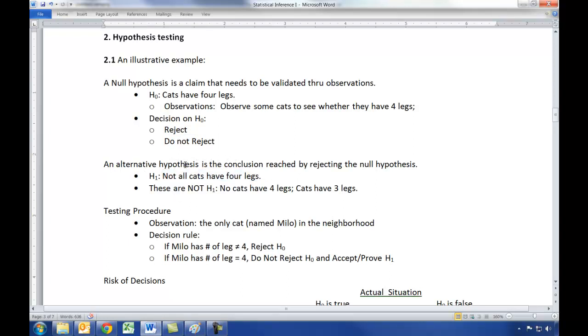The alternative hypothesis is denoted as H sub 1. Notice that rejecting the claim that cats have 4 legs does not mean no cats have 4 legs. Neither does it mean cats have 3 legs. By rejecting that cats have 4 legs, the only conclusion we can reach is not all cats have 4 legs.